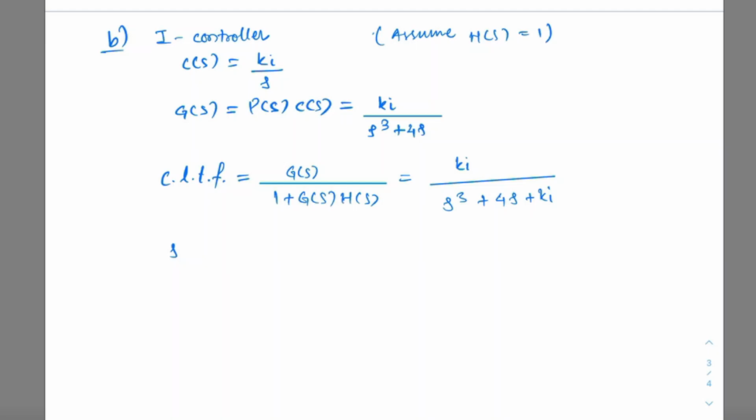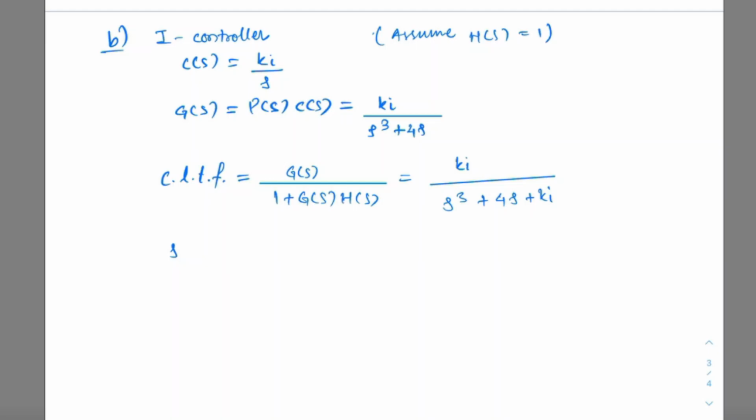So here, if Kd is greater than 0, then there will not be any sign changes in the first column of the Routh array.